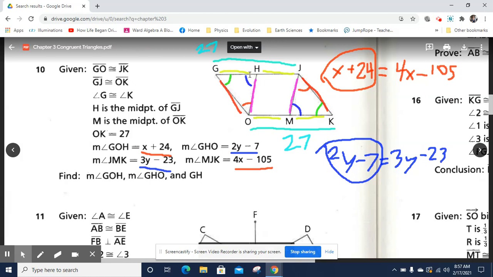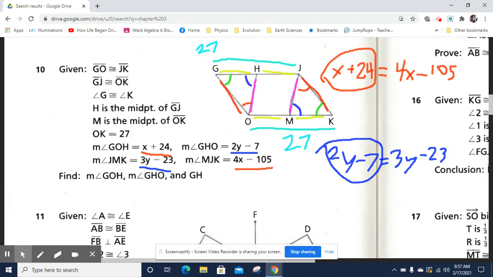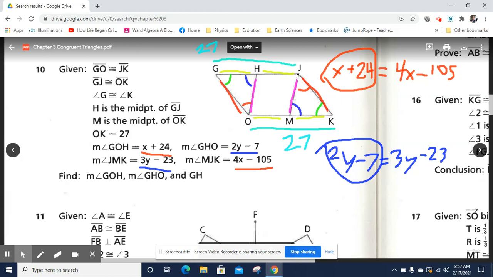That'll lead you to what angles are congruent and what sides are congruent using corresponding parts of congruent triangles. And then you've been given enough information to do some simple algebraic equation solving.